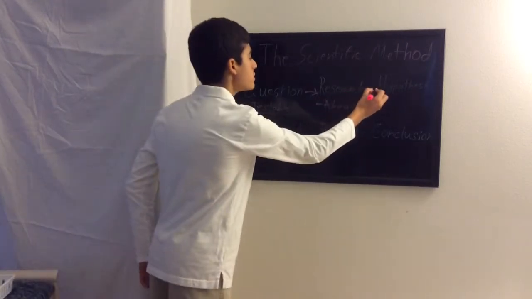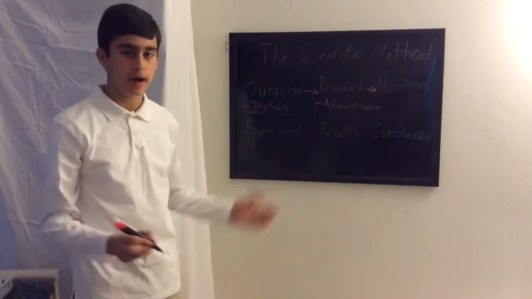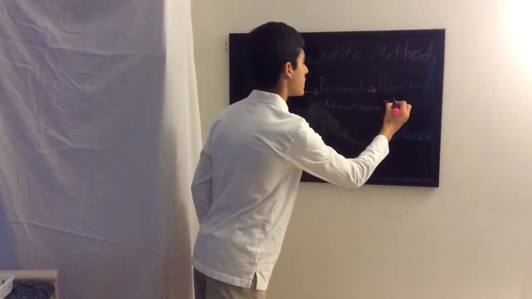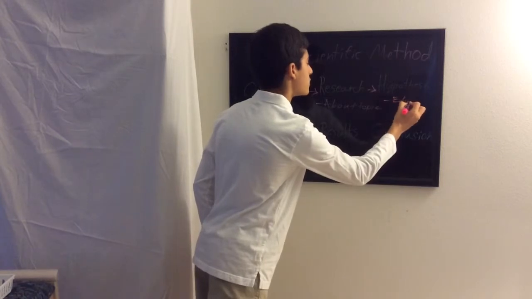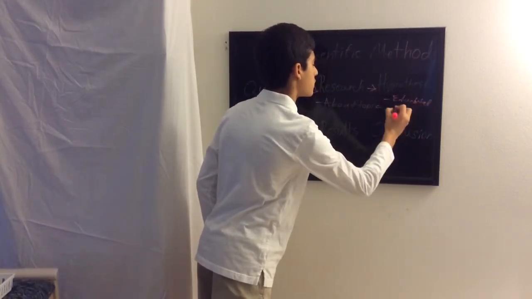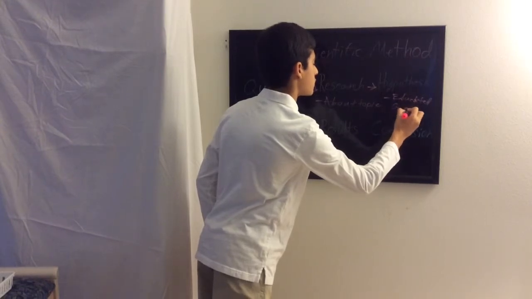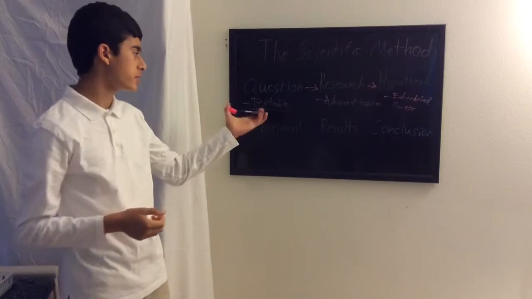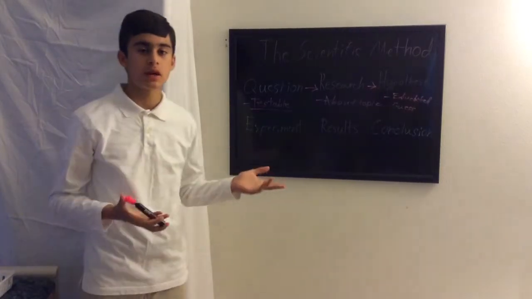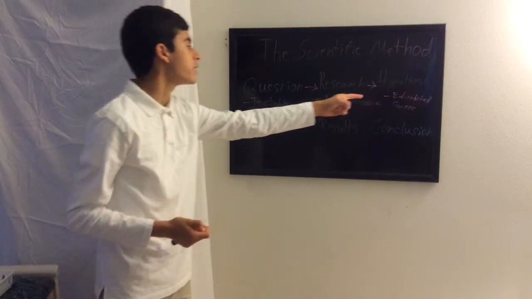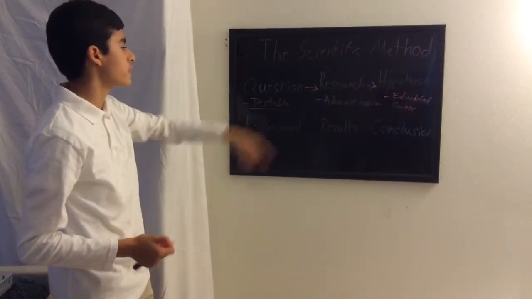So once you have researched, you can form a hypothesis. A hypothesis is just an educated guess. It's called an educated guess because you've already done your research, you know about this topic, and now you can just make a prediction as to what the answer to this question is.